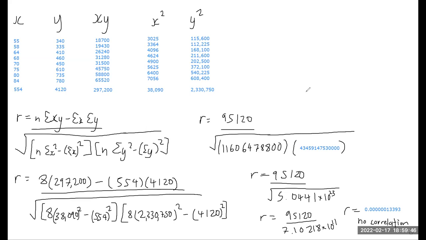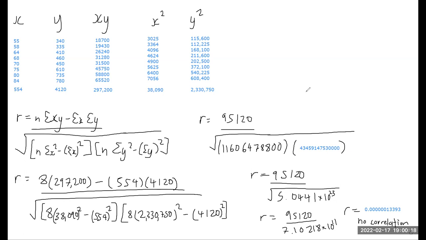What if R was 0.4? What type of correlation would that be? Weakly correlated.